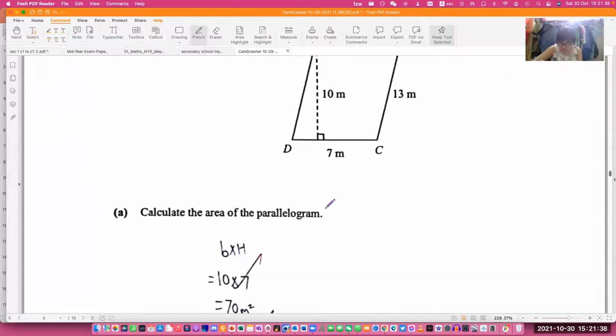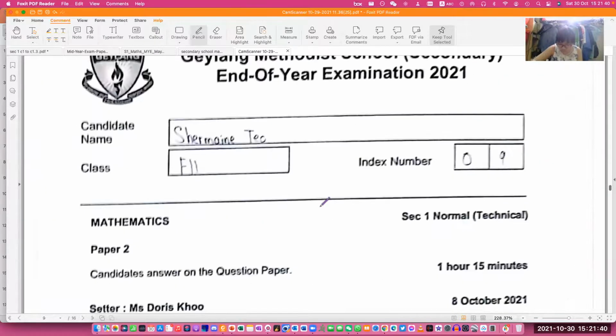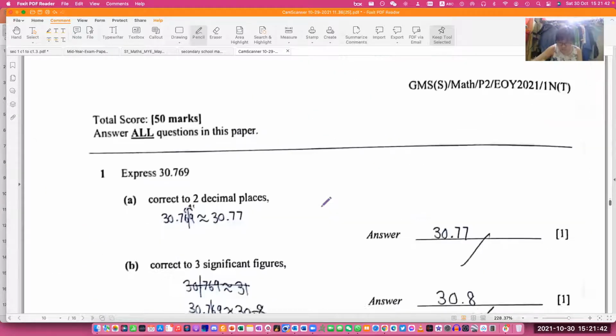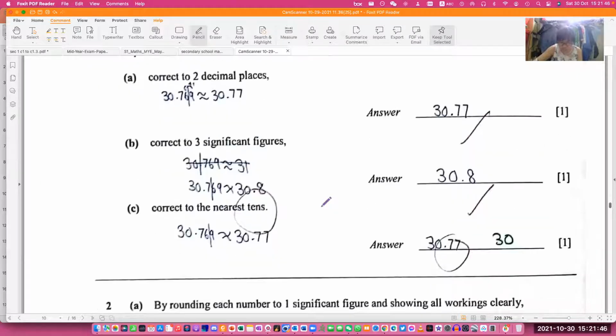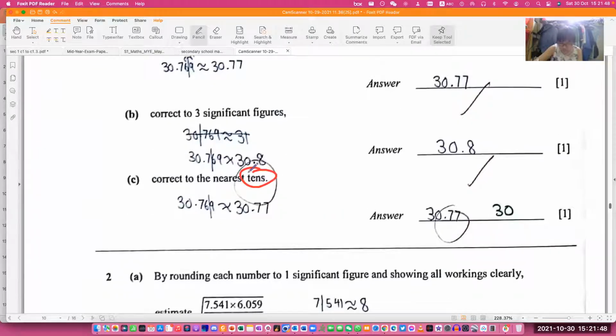Okay, paper 1 done. Next. Paper 2. Paper 2 is slightly better. Yeah, 2 decimal places, very good. You see, once again, nearest tens. What is the difference between tens and tens?